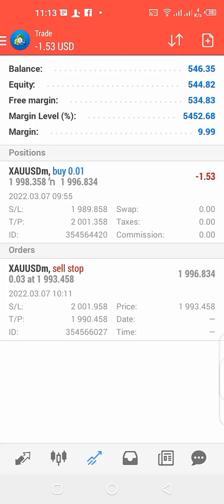knowing fully well that I have a pin bar that indicates that price may go up. So that's why I closed the sell order in profit, expecting price to go up as I've anticipated.